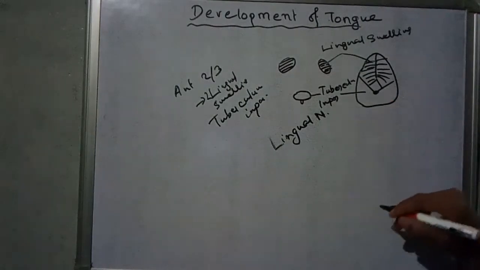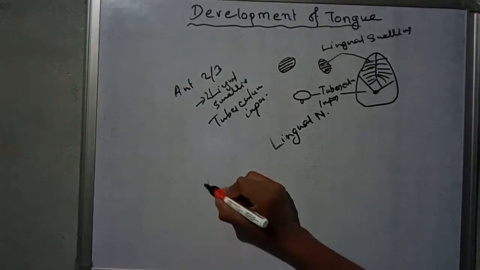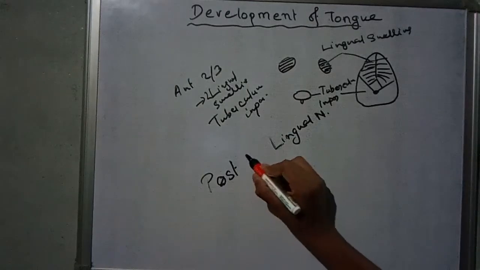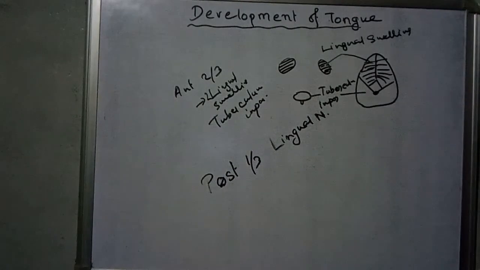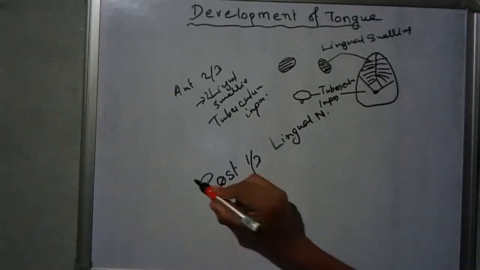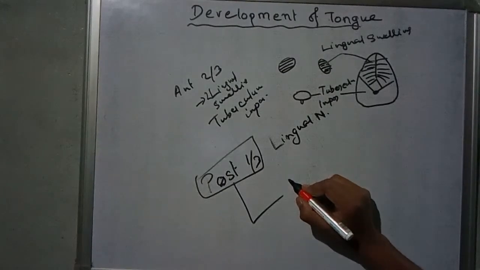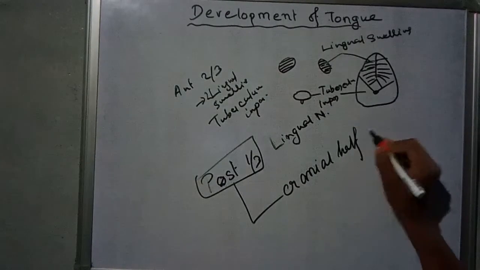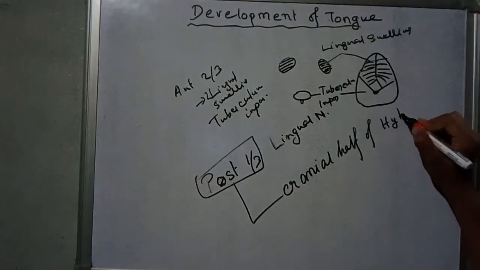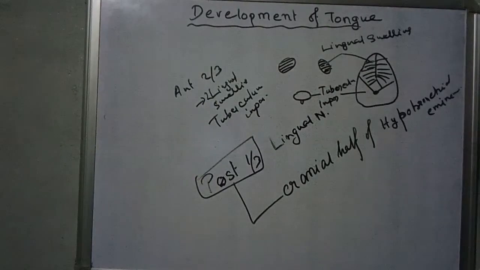So the posterior one third is formed by the cranial half of the hypobranchial eminence.